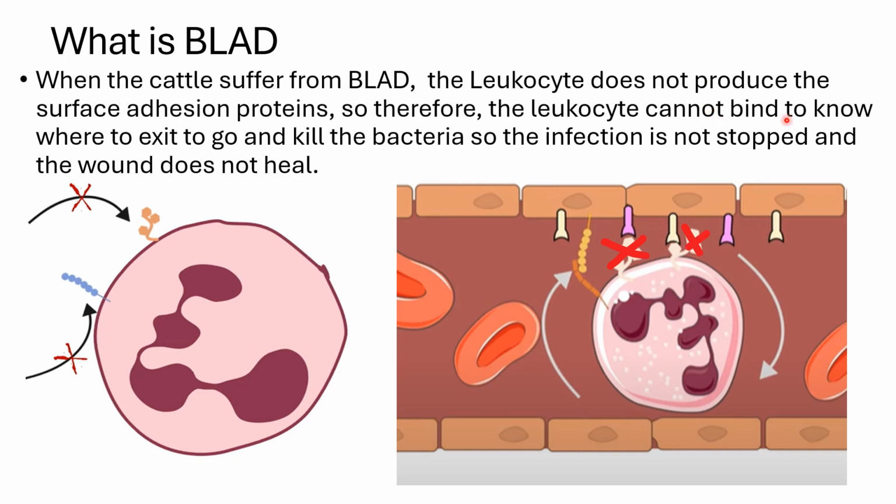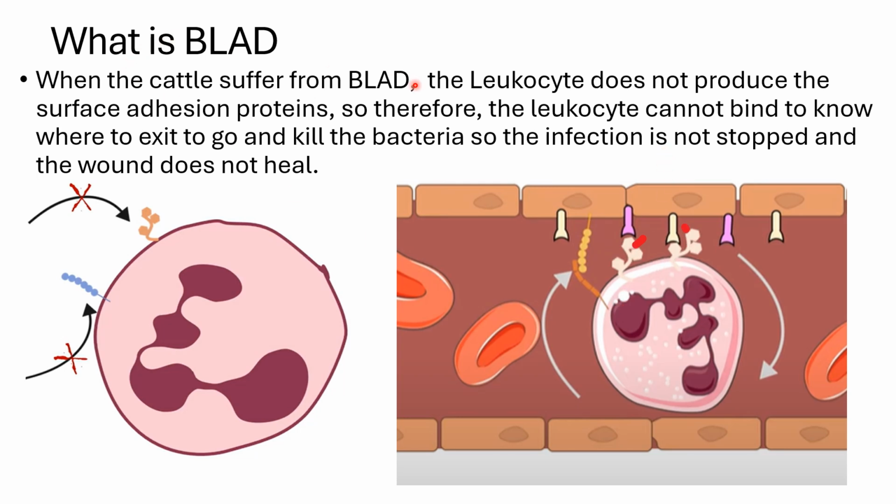So when sufferers of leukocyte adhesion deficiency have an injury, and this happens in multiple different organisms, including humans, they suffer terribly from wound infections, and they don't have a very long life expectancy because nothing goes and fights the infections.